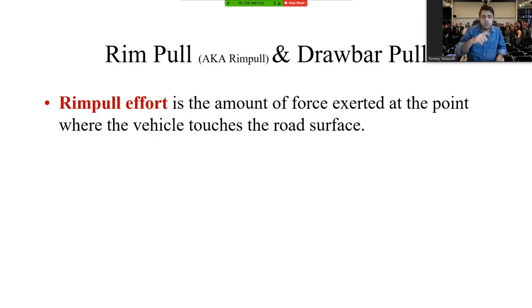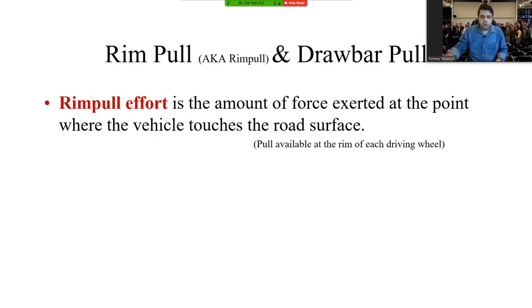So rim pull is the force exerted by, rim means the outer edge, right? So rim pull force is the force exerted by the outer edge of the tires on the surface of the earth, which makes the machine move. So that's rim pull effort.